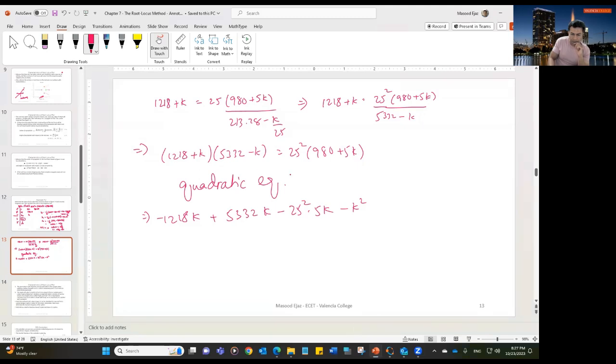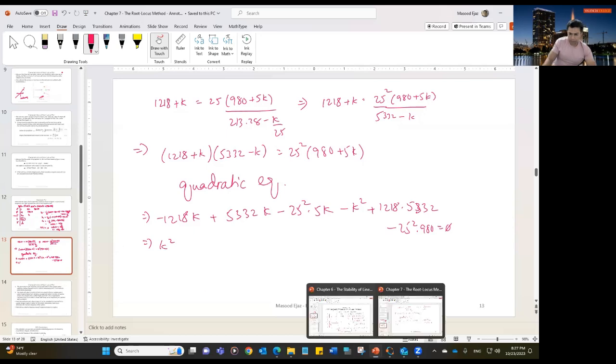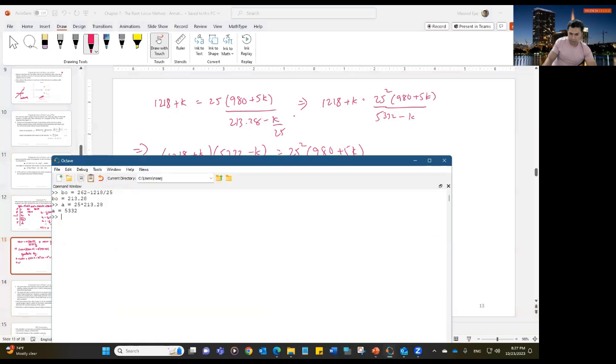And then 1218 times 5332, and then 25 squared times 980, so minus 25 squared times 980 is equal to 0. I'm going to multiply the whole thing by a negative sign, so I'm going to get K squared. I don't think it's going to take long, so let me just do it quickly.